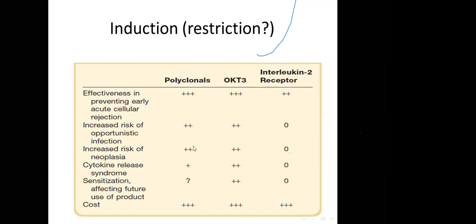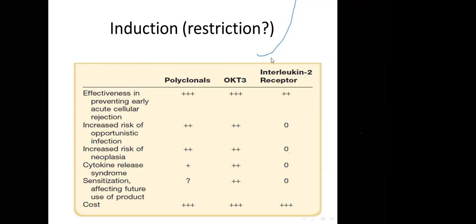So most patients who received ATG are very exposed to cytomegalovirus and more opportunistic infections, and it is more common for them to get malignancy. On the other hand, interleukin-2 is a very weak drug. It has very weak induction properties, but it has very low risk of infection and malignancies.